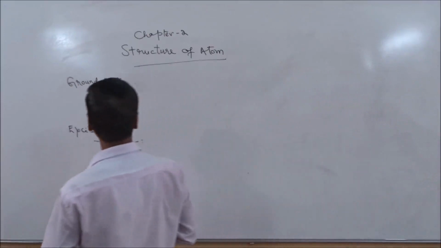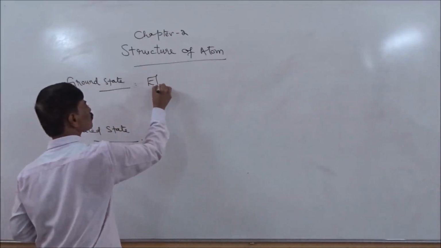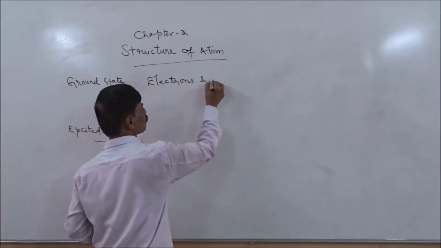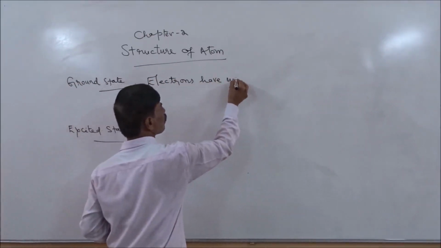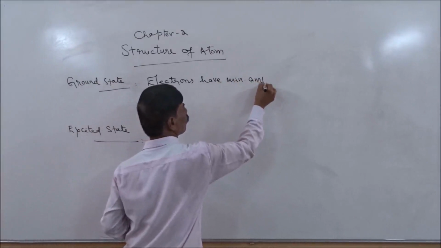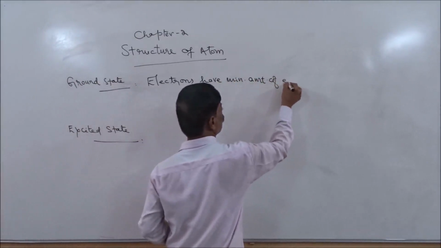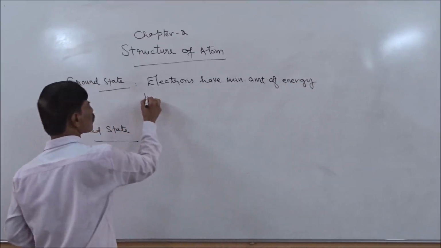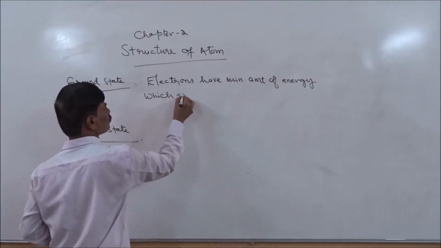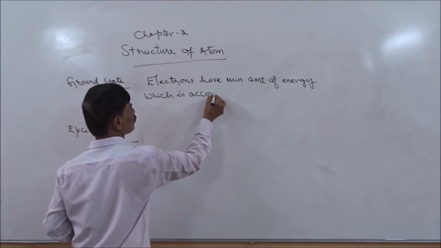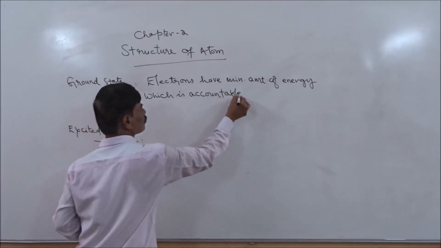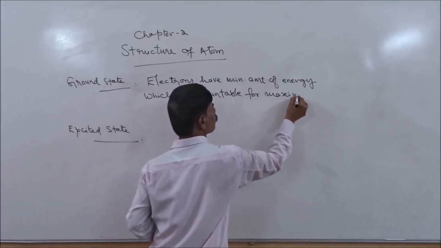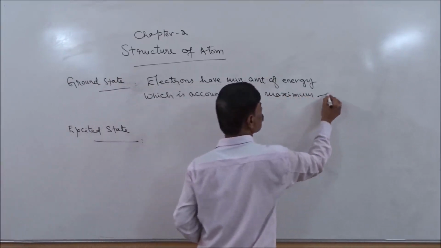So in ground state, electrons possess minimum amount of energy, which is accountable for maximum stability.